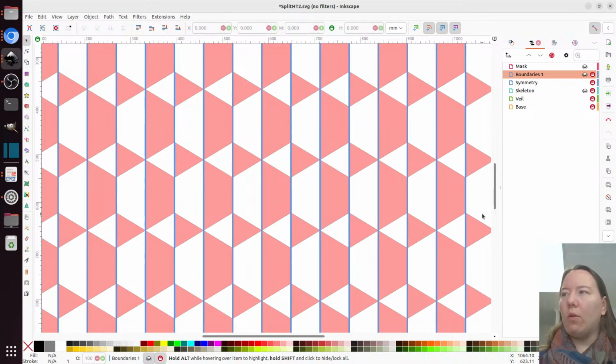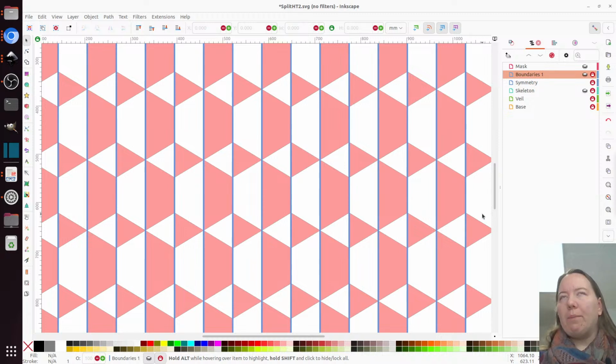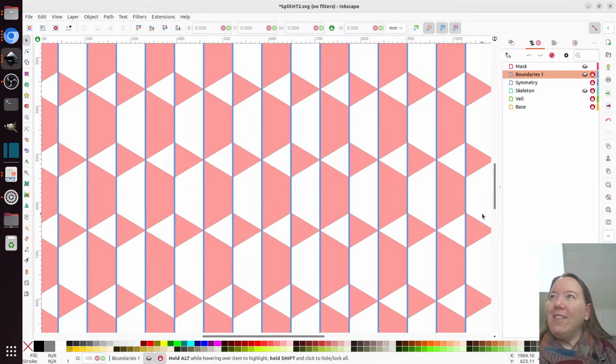I think only chevron field of my designs uses all of that symmetry, that mirror symmetry. And that one, I do have a tutorial inside of Tessellation Academy.